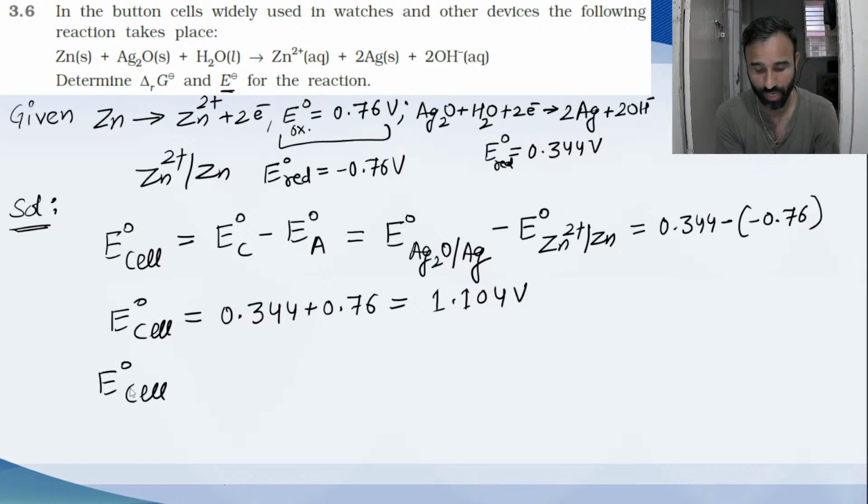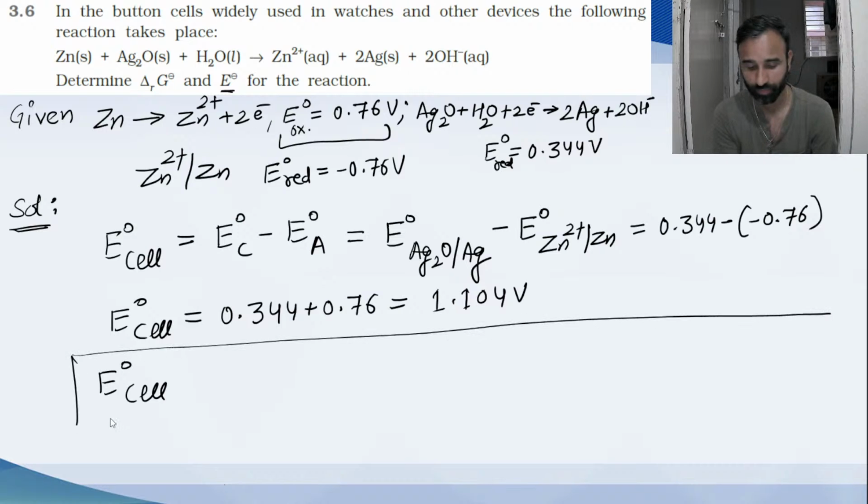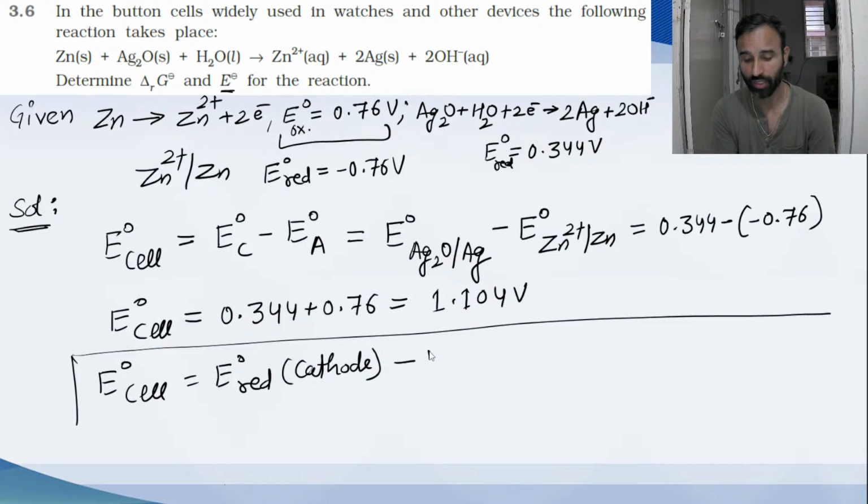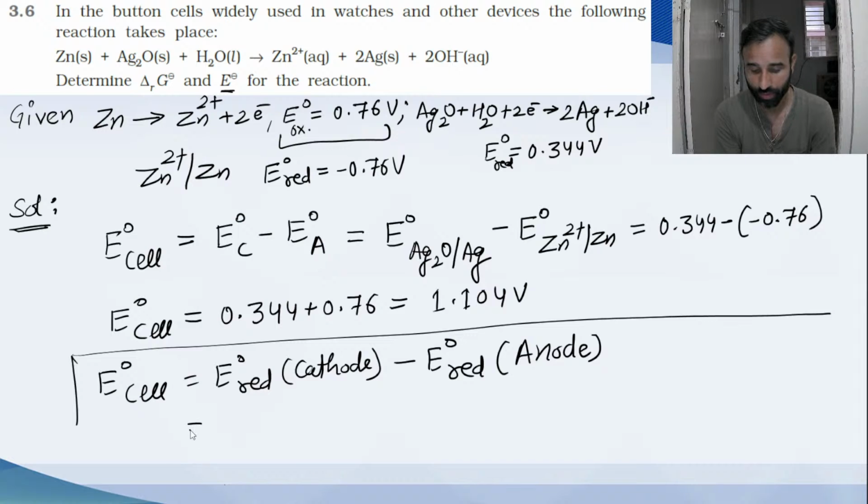Once again, I repeat, what is E naught cell? E naught reduction of cathode minus E naught reduction of anode. At cathode reduction takes place, that's why it's a positive value.